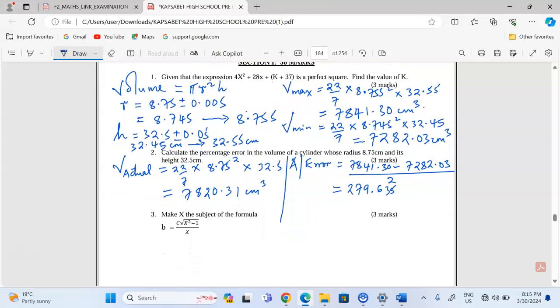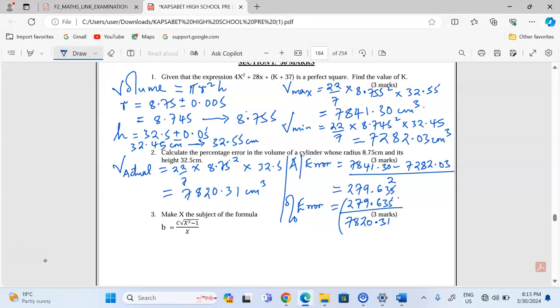There's something else called relative error in the calculation of the volume. For us to get percentage error, we need the relative error, and relative error is given by the absolute error divided by the actual volume, 7820.31.